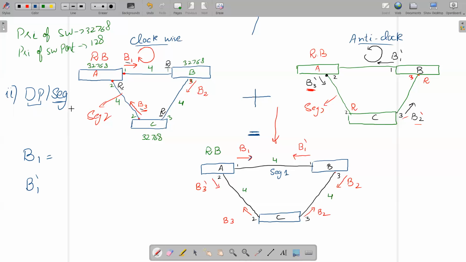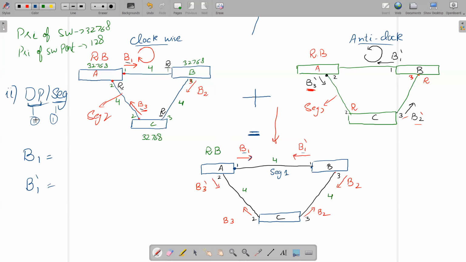In segment 1, there are two candidates: port number 1 which is transmitting B1 and port number 1 which is transmitting B1 dash. Both want to be elected as the designated port, but the condition is there should be one DP in one segment. So I cannot select them both as the designated port. So we are going to conduct an election.